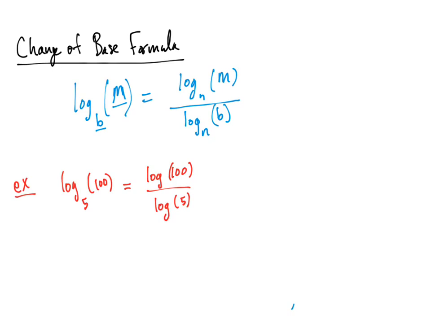And now that these are written as common logs, we can get a decimal approximation easily from a calculator, because scientific calculators at least have a common log button. So typing this into the calculator, we end up with about 2.8614.